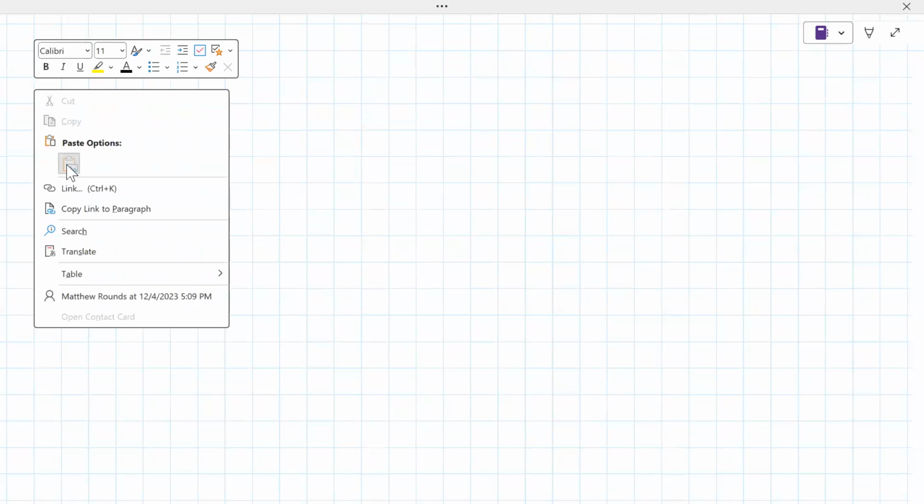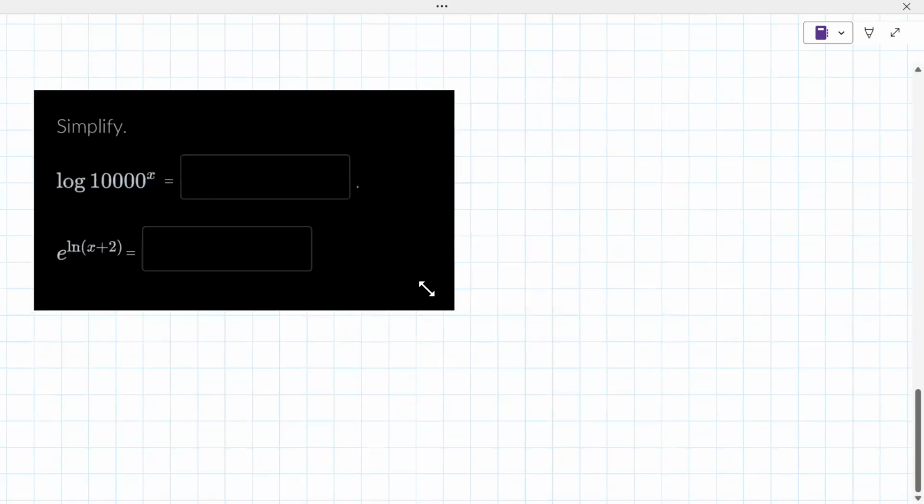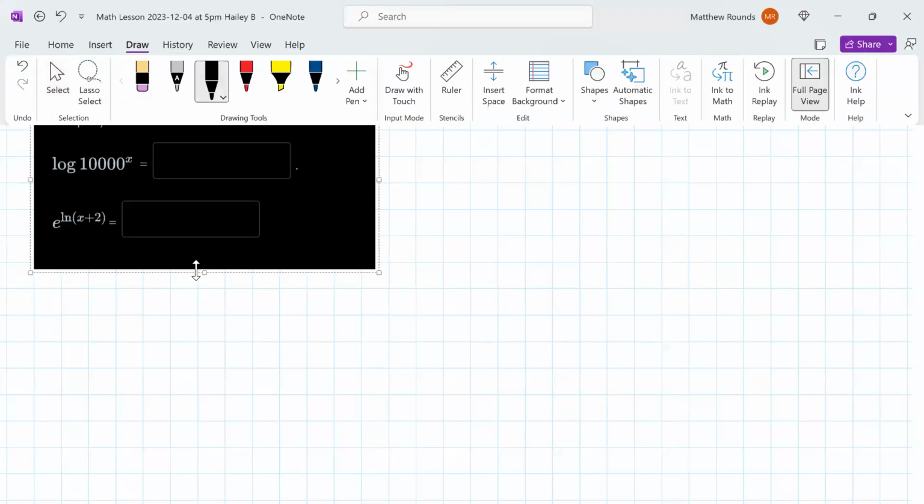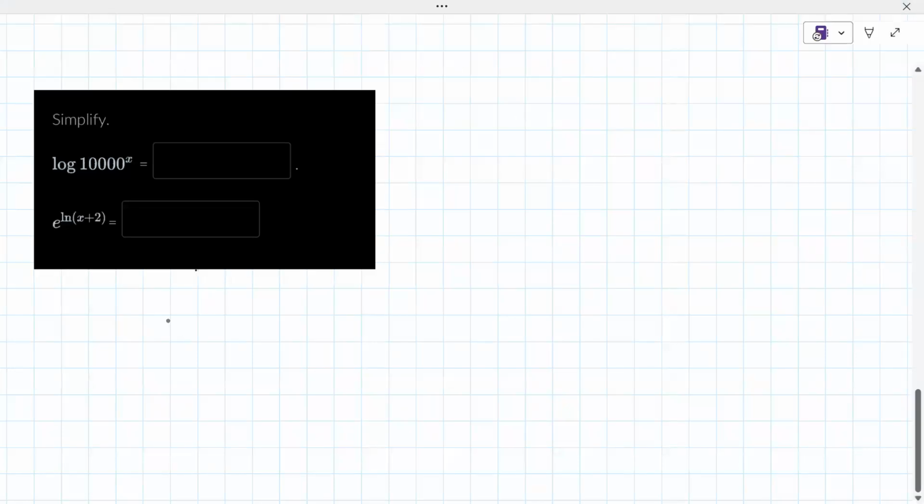Okay. So there's so much that goes into these. So the first one here, log of 10,000 to the power of x. The 10,000 is really 10 to the power of 4, 4 zeros.